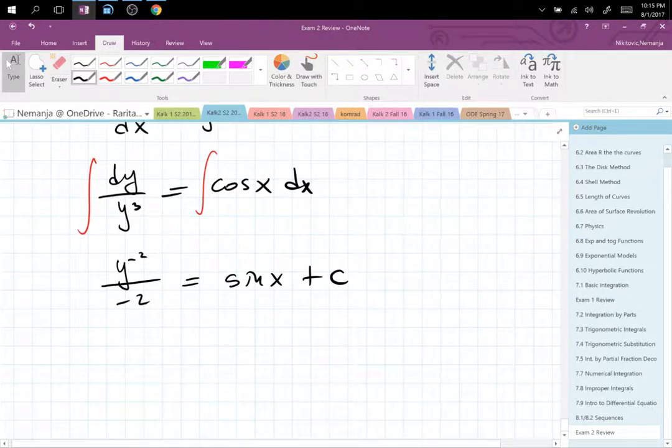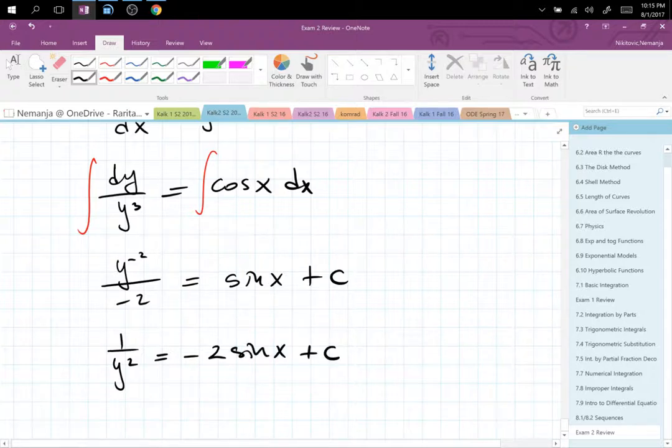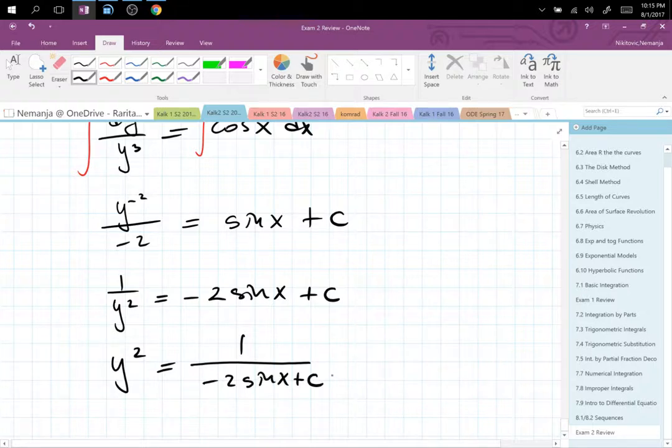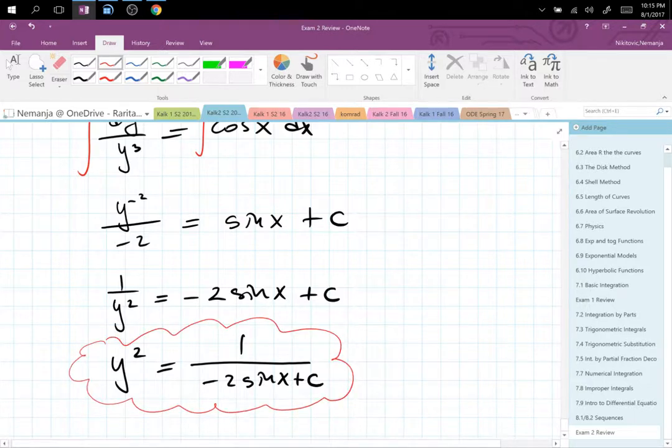Multiply both sides by -2, so you have 1 over y squared is equal to -2 sine x plus c. And now you have to flip the left side. You get y squared is equal to 1 over -2 sine x plus c. So this is implicit, but it's a solution. So you would have a plus and minus in this case, and that works.